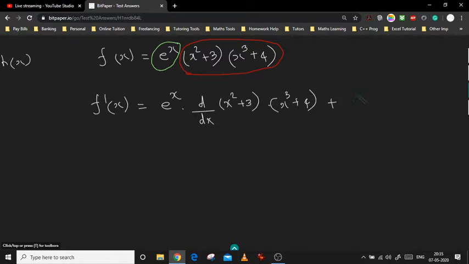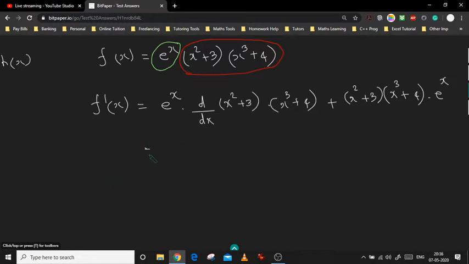Then I take the second function as it is, that is x squared plus 3 into x cube plus 4, multiplied with the differentiation of the first one, that is e power x. So this is all we have to do, even if it is a product of three functions.